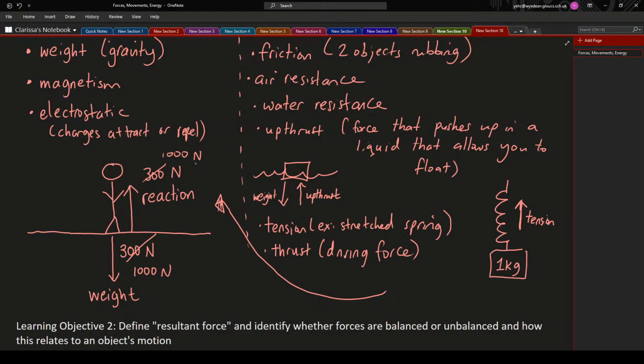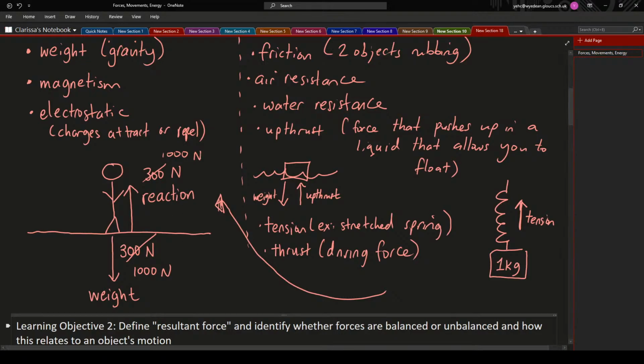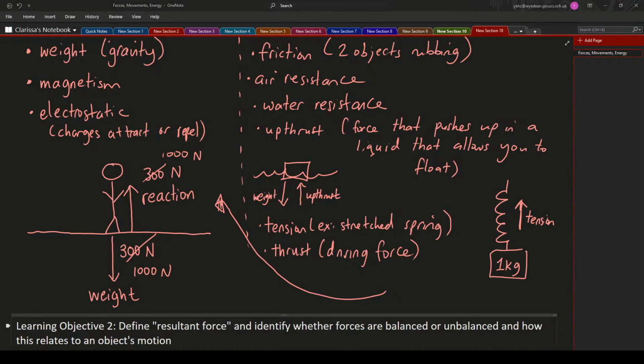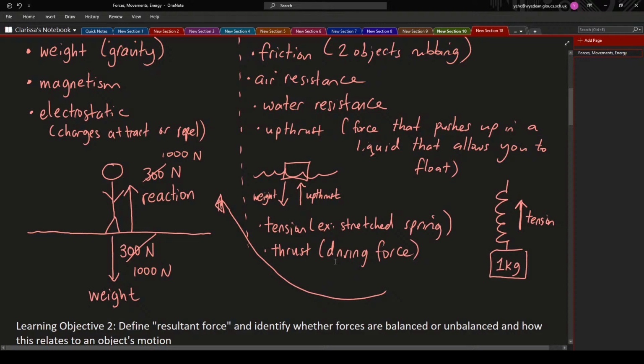If you smack the table harder, then your hand is going to start hurting because the reaction force from the table onto you is going to be larger in response to the force you put on it. So that's why we call this the reaction force, because the size of it changes depending on the quote-unquote action.